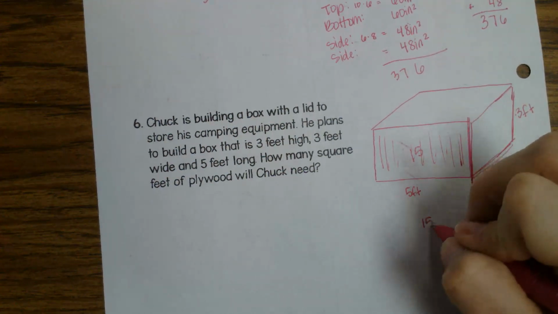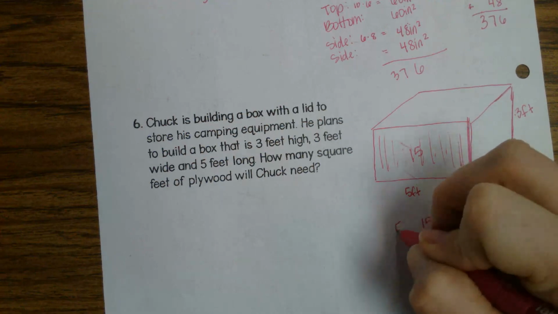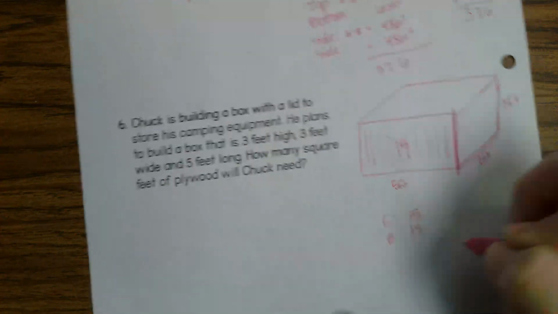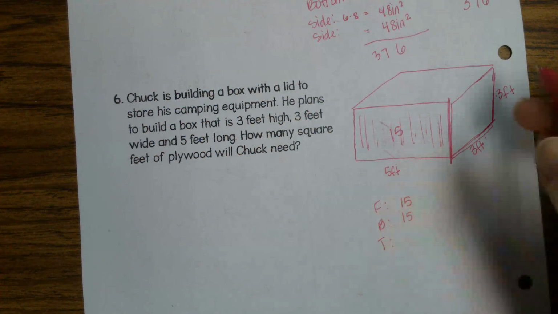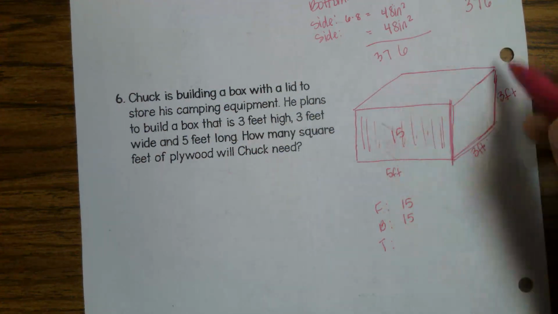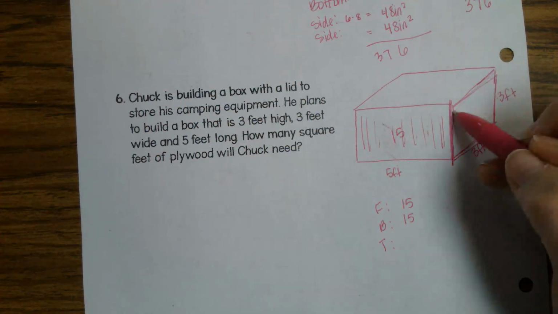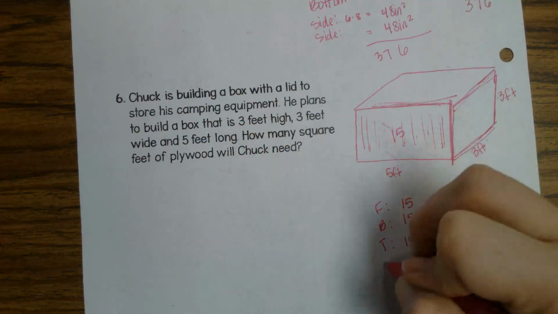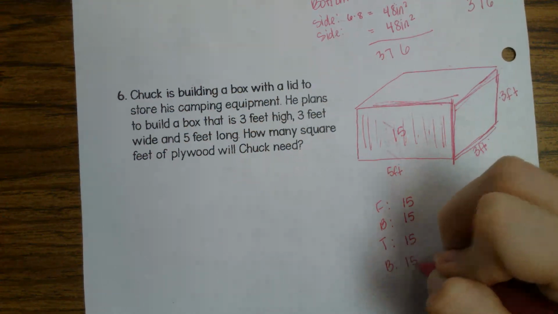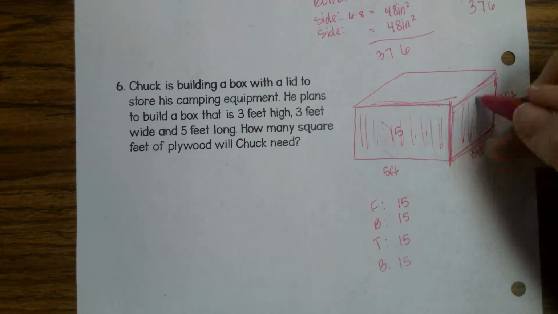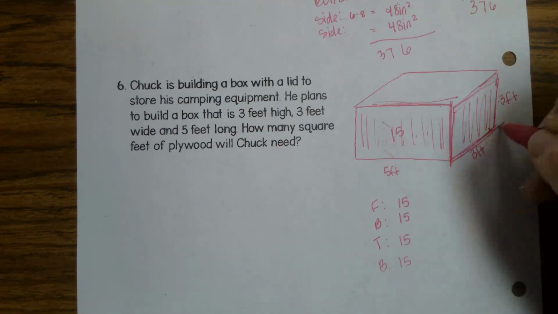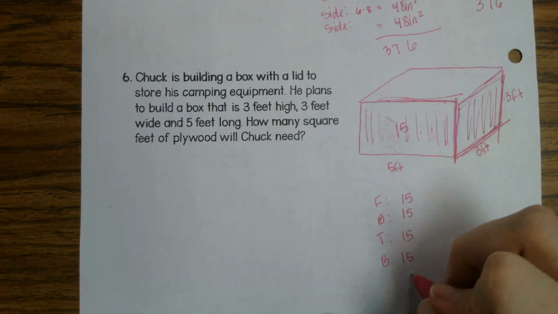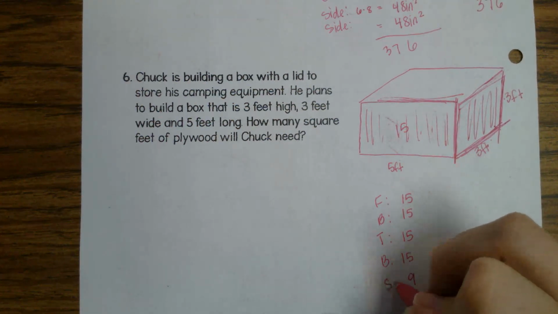I'm going to have 2 15s, one for the front and the back. And then I have the top and the bottom. So this length is 3, this length is 5, so it's 15 again. And then my 2 sides are 3 by 3, which means I'm going to have 9 and 9.